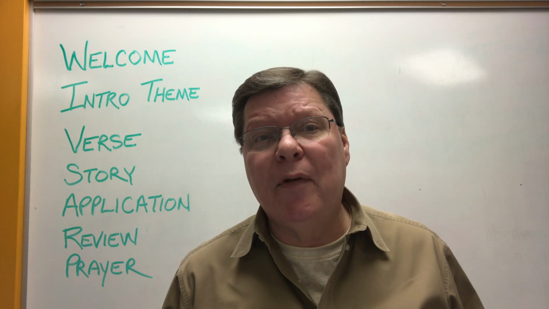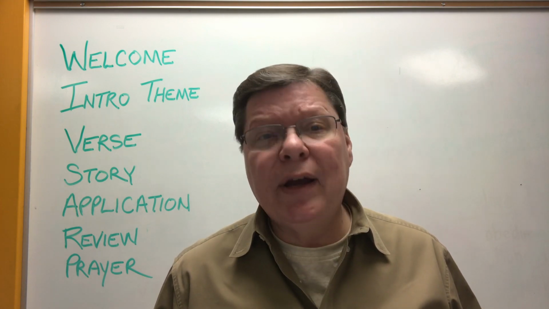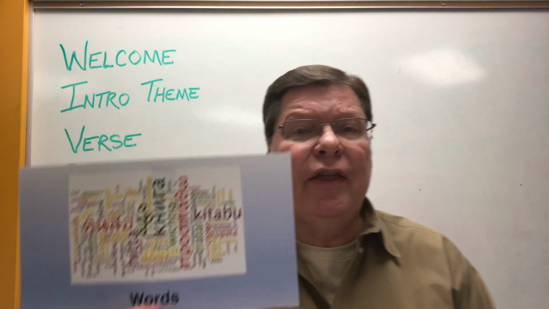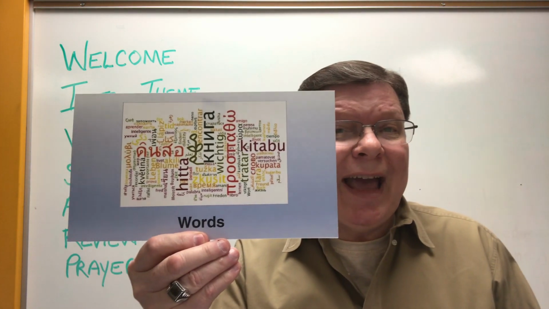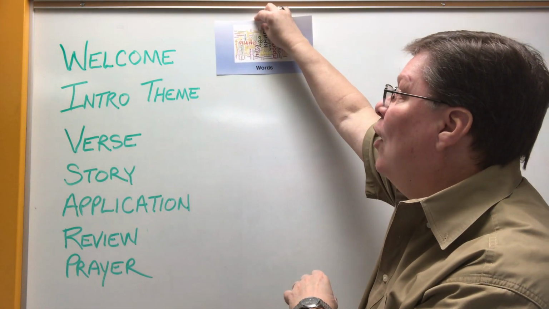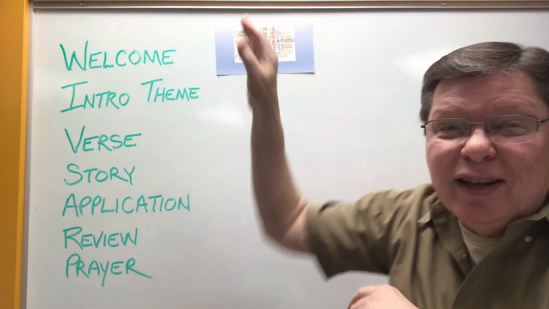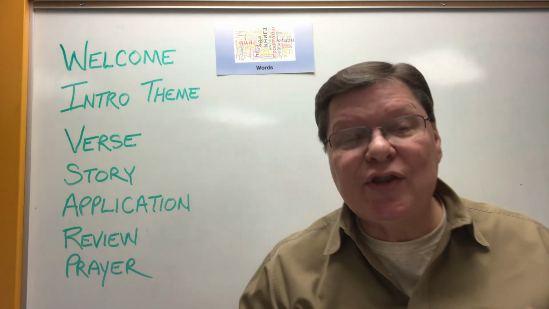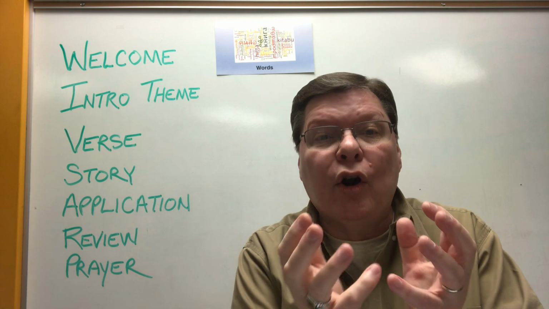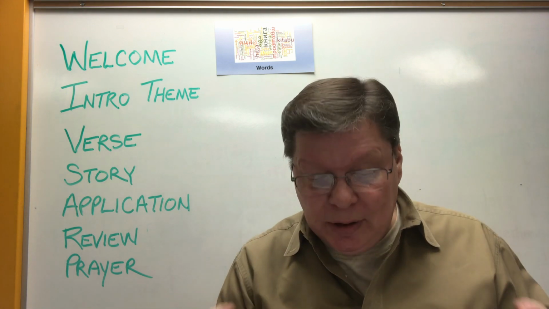So let's look at some of these areas of intelligences, these different kinds of learning styles. The first one is just in the category of words. Some kids really focus on words. They love listening. They love you to read stories to them. They love writing. They even love speaking. The whole idea of words and how words are put together really intrigues them.